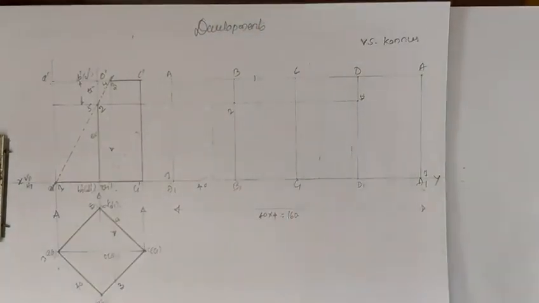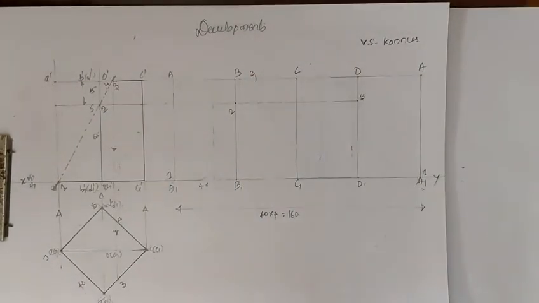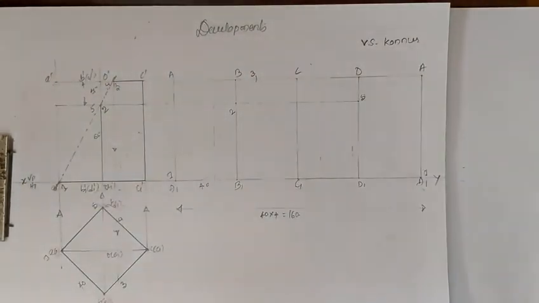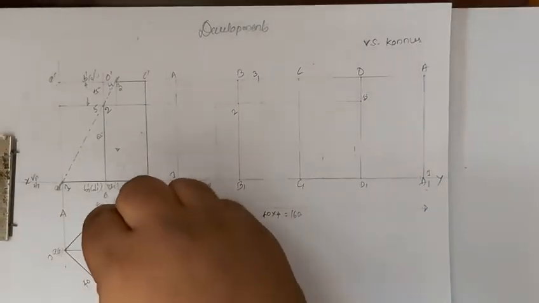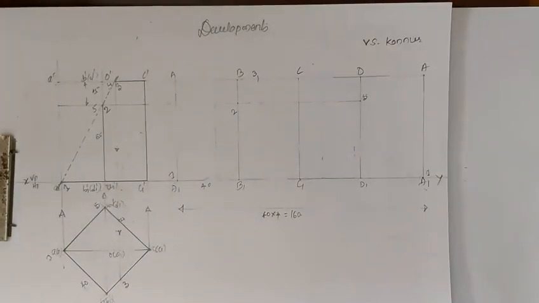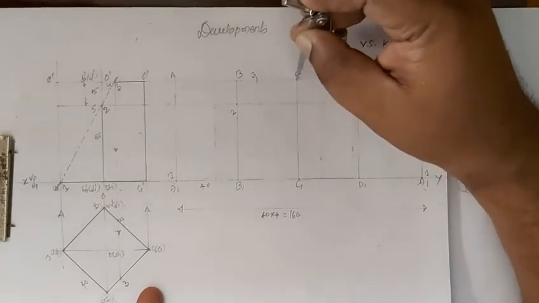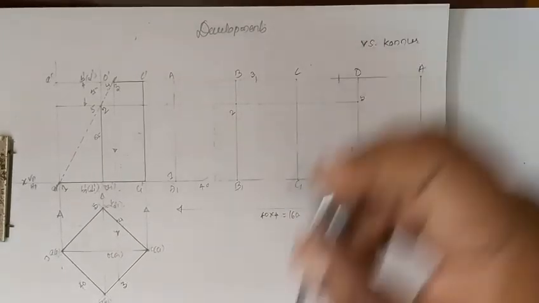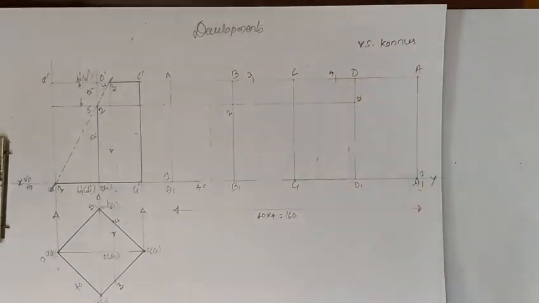So here we'll get the third point, and then C to D there is a cut. Now keep at the C point in the top view, take the distance of the fourth point, right? Now keep at the C point, cut down C to D, where you will get the fourth point. Now you got all 5 points.